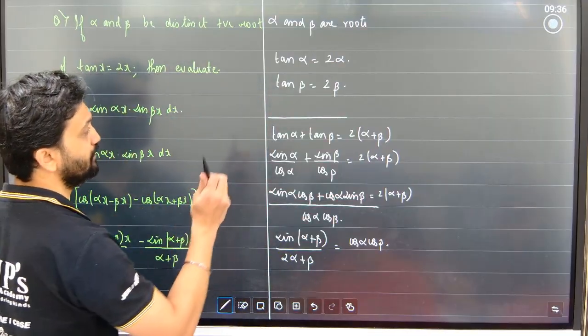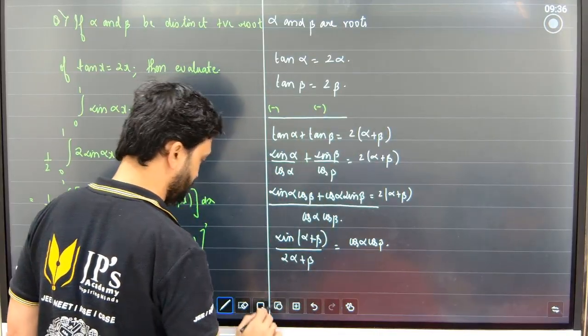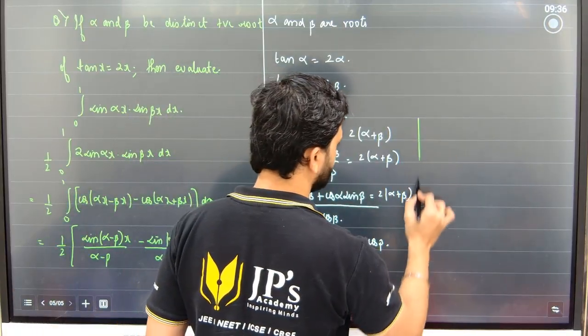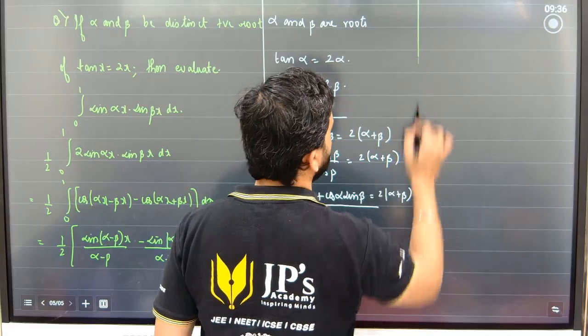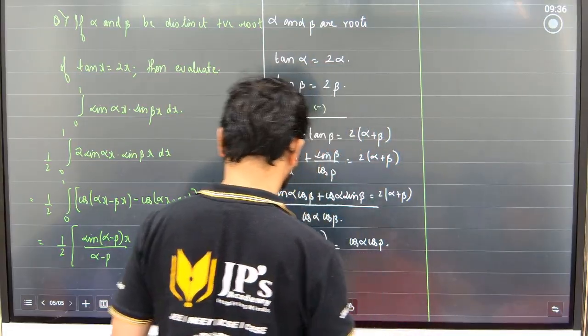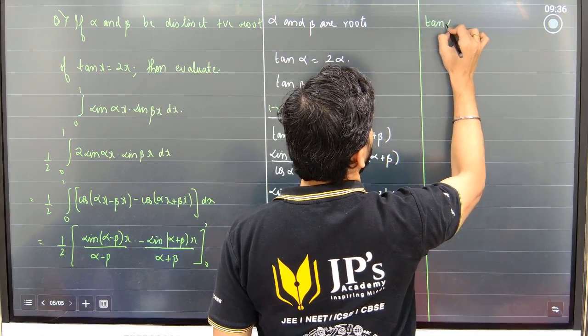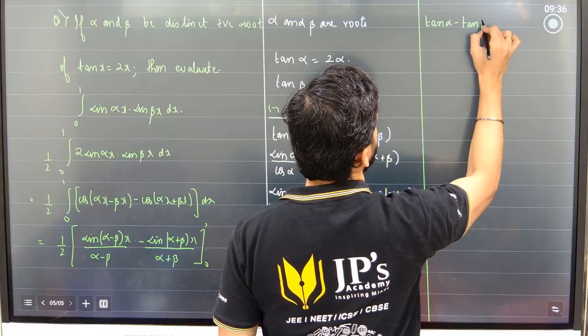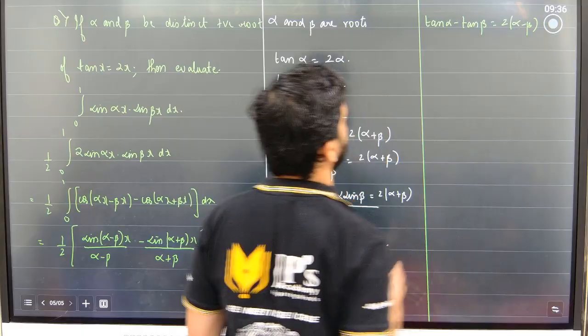And in the same way, if I subtract, I'll solve the subtraction here. This will become tan alpha minus tan beta is equal to twice alpha minus beta.